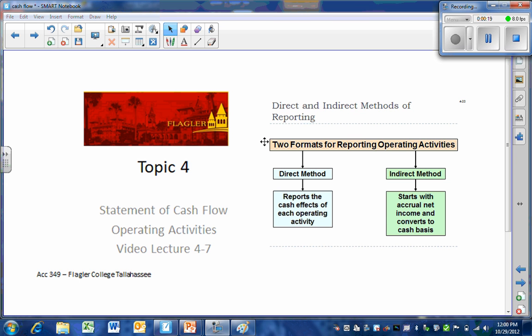And this is accomplished in one of two manners: using the direct method, where each activity is given a specific line item and you're told whether it's an inflow or outflow, or the indirect method, which determines the cash flow from operating activities by removing the accrual effects of our bookkeeping from the income statement.